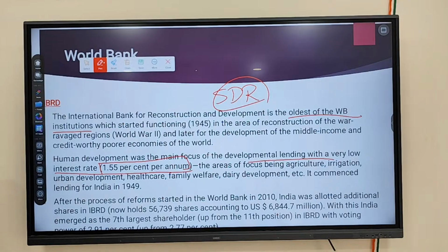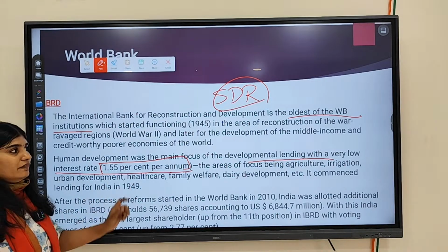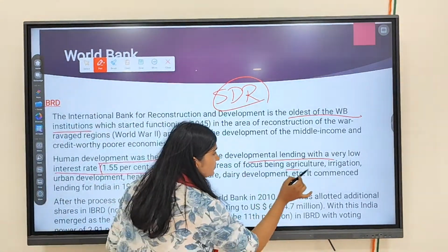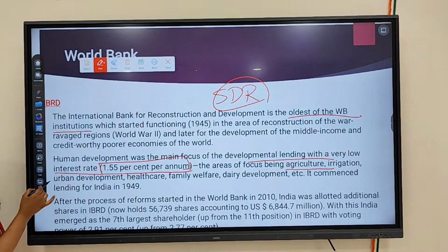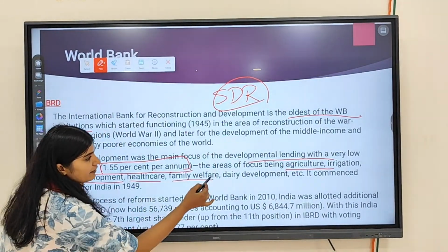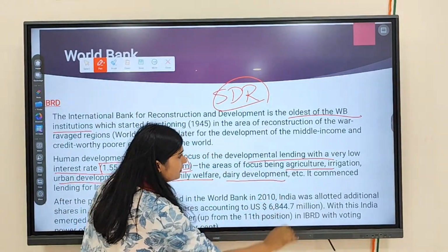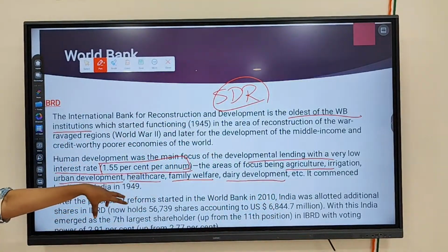Also, this kind of loan will be given for specific purposes, like development of agriculture, irrigation, urban development, healthcare, family welfare, dairy development. For these sectors, it will sanction loans for each country.